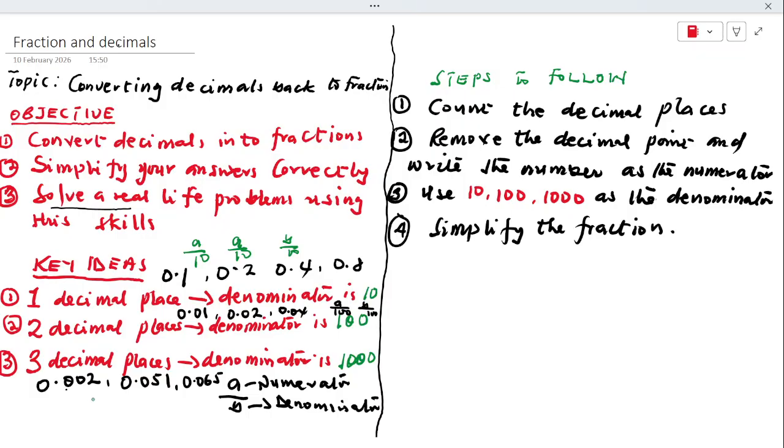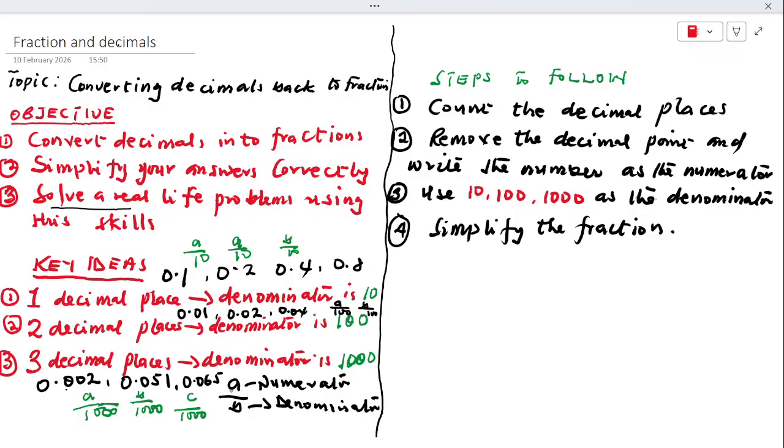Let's say a variable is the numerator. Always the denominator is going to be what? 1000, because the decimal places are 3. So it could be B over 1000 and it could be C over 1000. I hope we are following these steps. If you have this key idea, our examples will be much easier to solve.